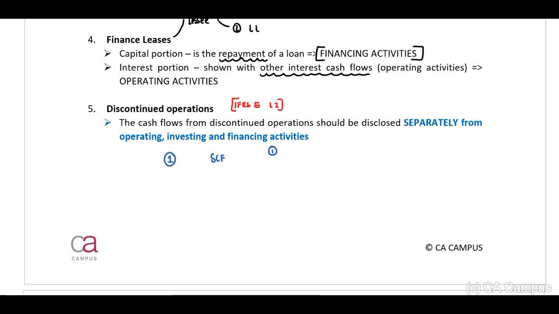You can include your continued operation and number two, your discontinued operation, and then you will have your total. Or option number two, you can complete your statement of cash flow and then include a note relating to your discontinued operation with all of the details similar to your cash flow statement relating to your discontinued operation.